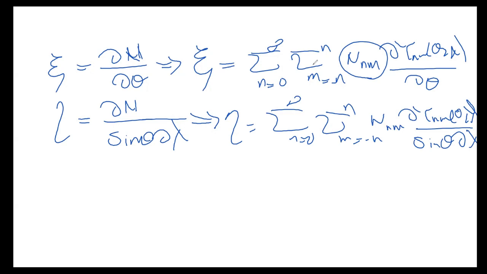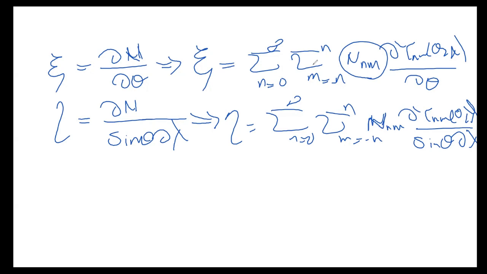So the question is now, if I have this theta and lambda, and I have the xi and eta, how can I come to the geoid, and how can I go to the gravity anomaly or gravity disturbance?